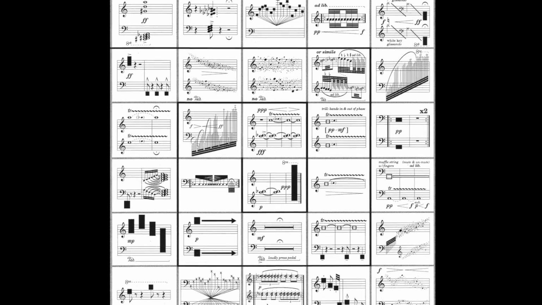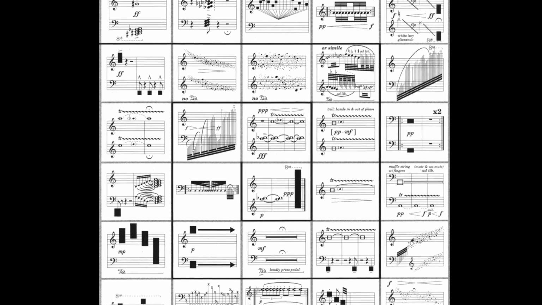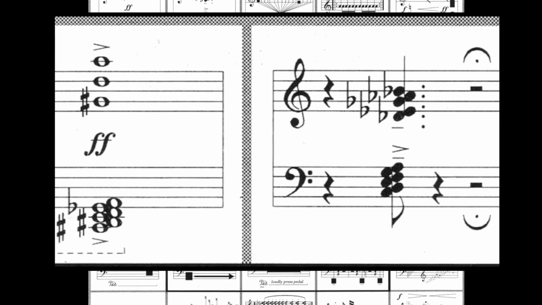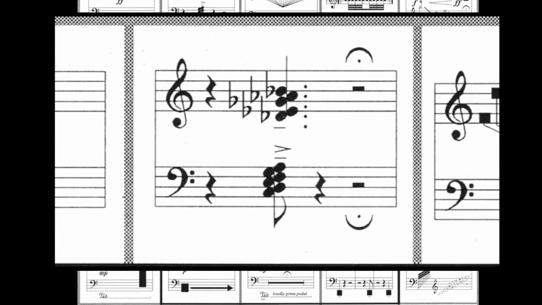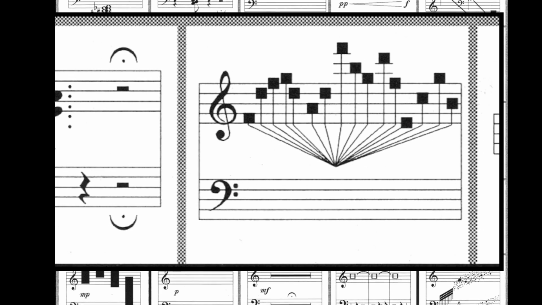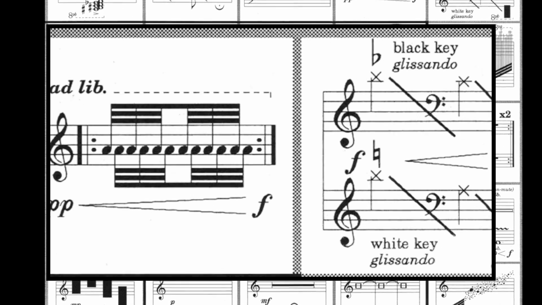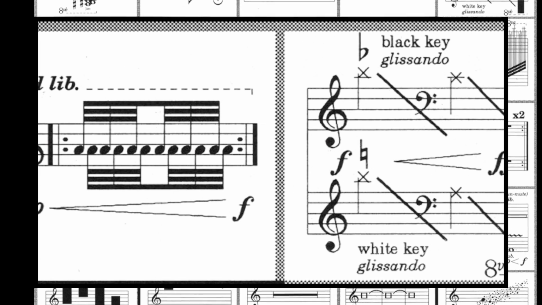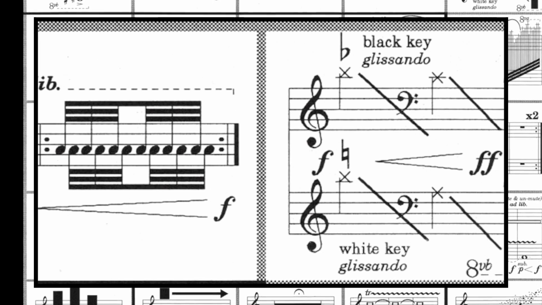Cell notation breaks a composition down into little bits, usually single phrases or motifs, now called gestures, but sometimes for longer sections. And these motifs and sections are written in a box or some other similar confining shape.